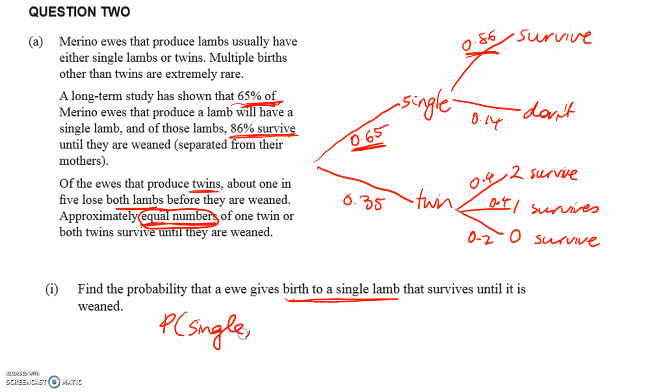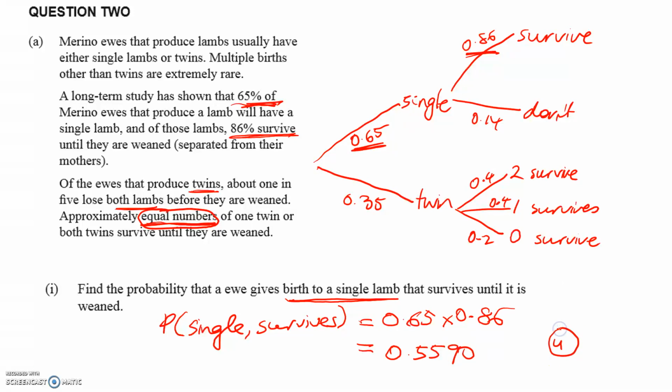So probability that it's single and it survives will equal 0.65 times 0.86, which works out to be 0.5 something. Just let me grab my notes. Yep, so that's 0.5590. Okay, so far so good. That's an achieved question.